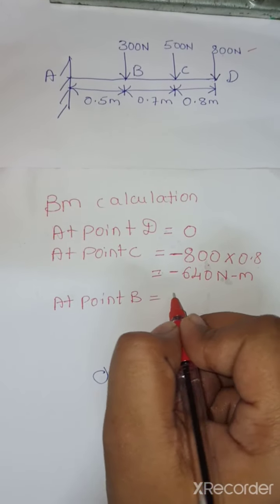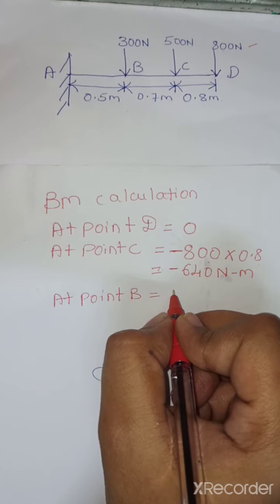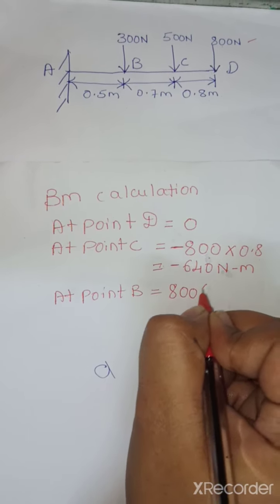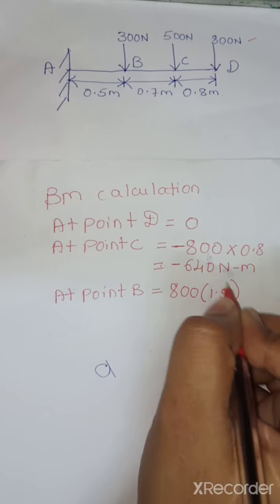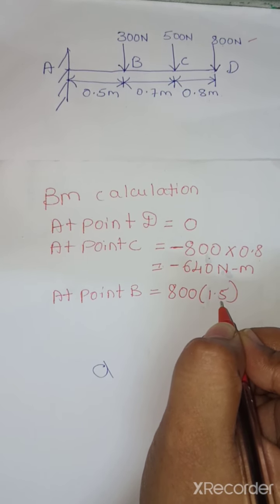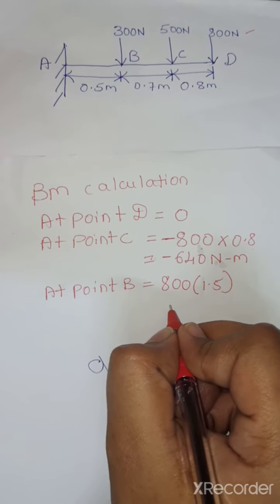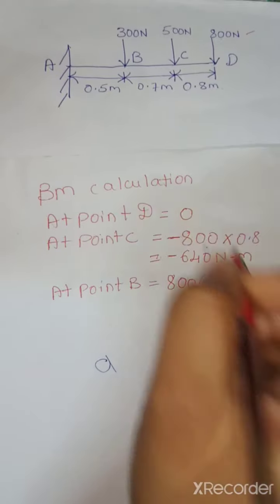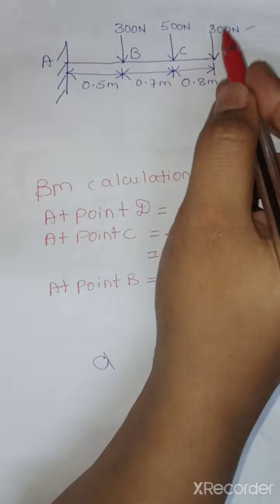Therefore the total moment acting at point B is 800 into 1.5, where this 1.5 is nothing but the addition of the distances 0.7 and 0.8, and then 500 into 0.7. Go along the force through the line of action.